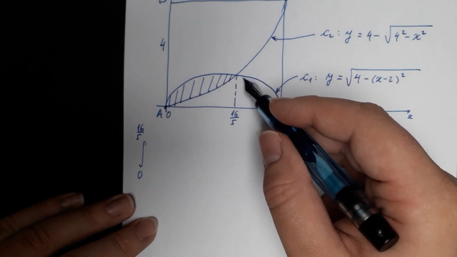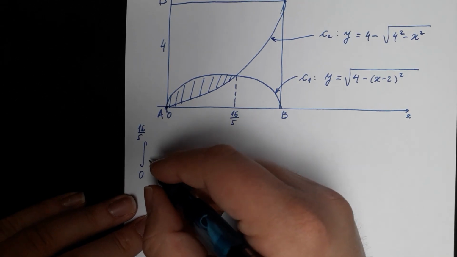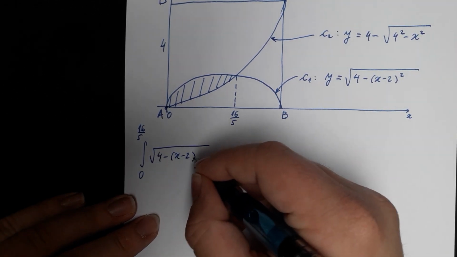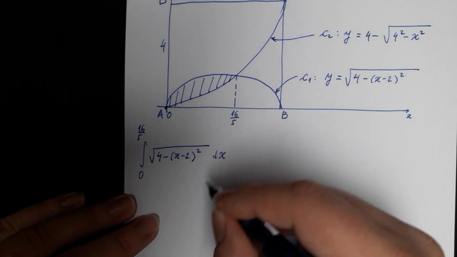The upper border is the C1, so we are left with the square root of 4 minus (x minus 2) squared dx.